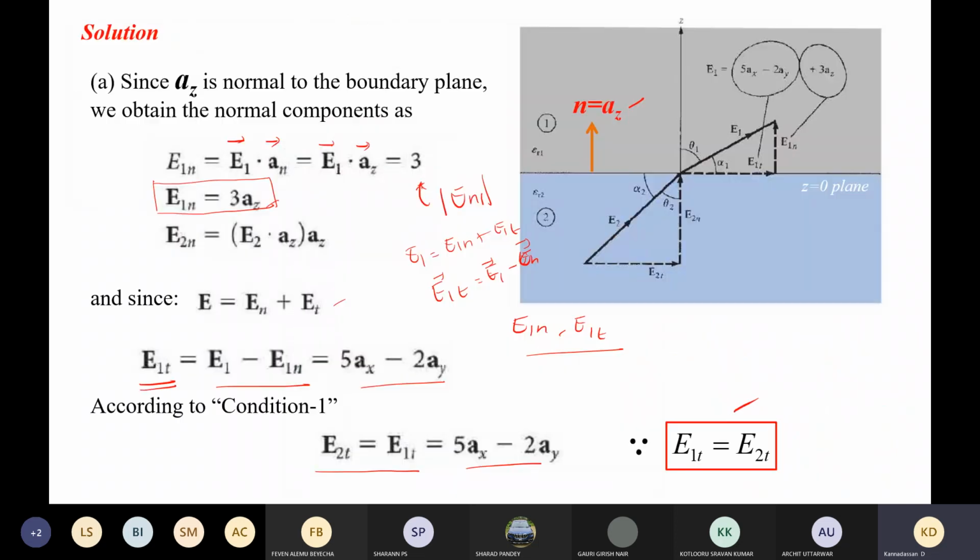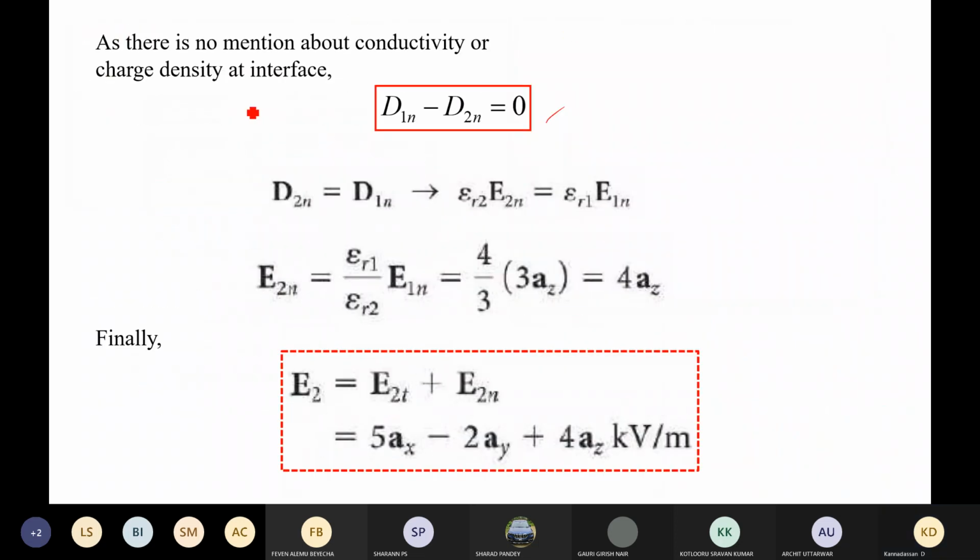Therefore, we can assume the surface charge density is equal to 0. So you have to write that since there is no mention of surface charge density, we are going to take it as equal to 0, and this gives that the flux densities are continuous.